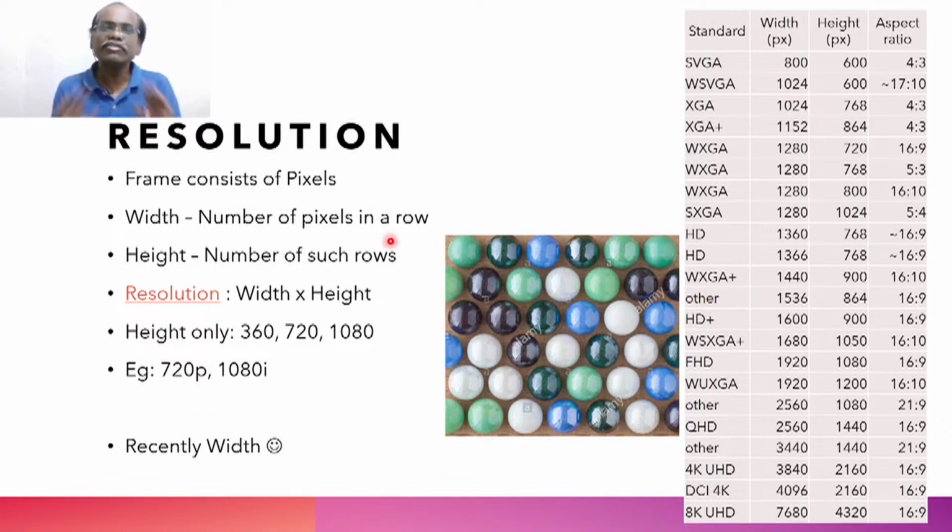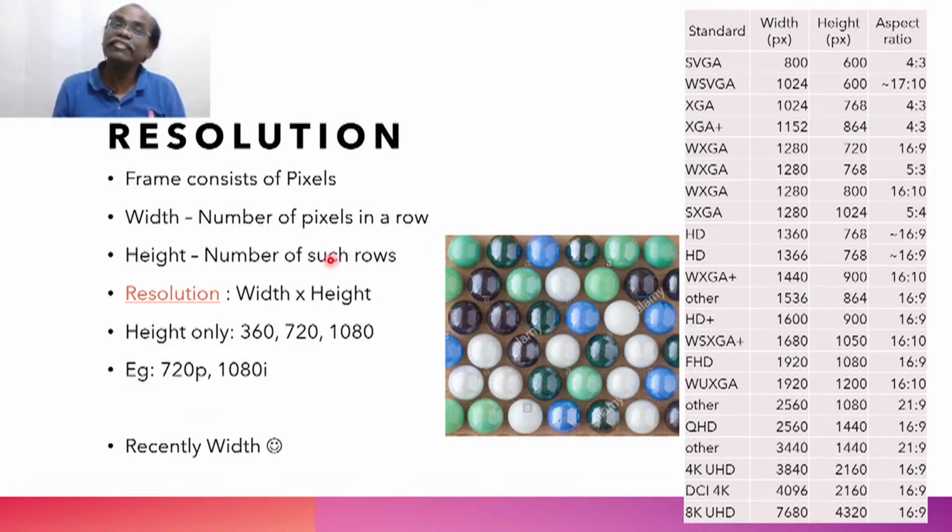Now a frame consists of pixels, and the frame will be measured in terms of width and height, and width is represented by the number of pixels. Height also will be represented by the number of pixels. In a row, how many pixels are present?